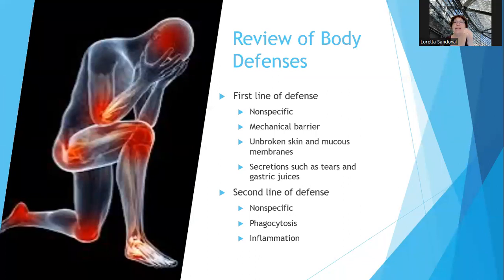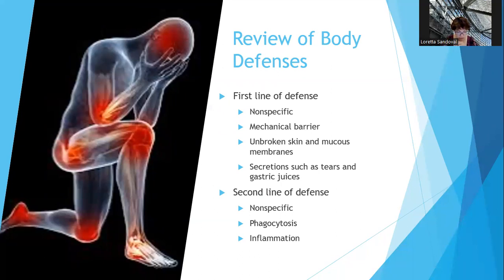If things get past the first line of defense, which they do, the second line of defense is also non-specific. It's anything that comes in. So we have those non-specific phagocytes going around just looking for things and cleaning them up. Inflammation triggers a chemical cascade that also calls more phagocytes to the area.